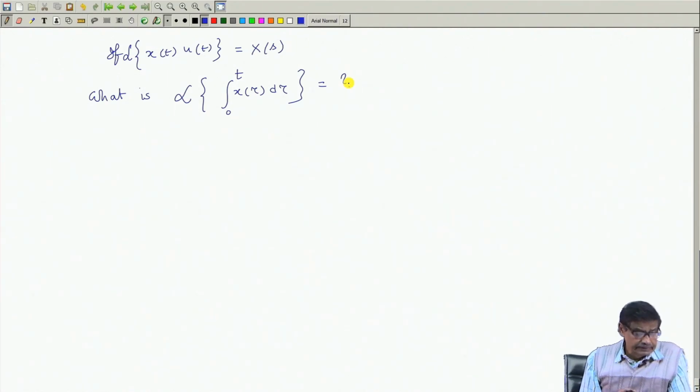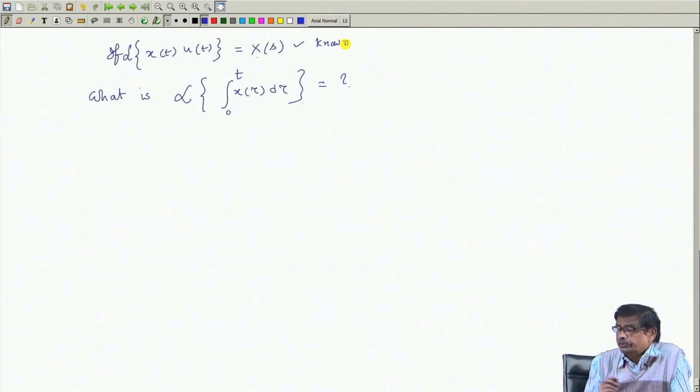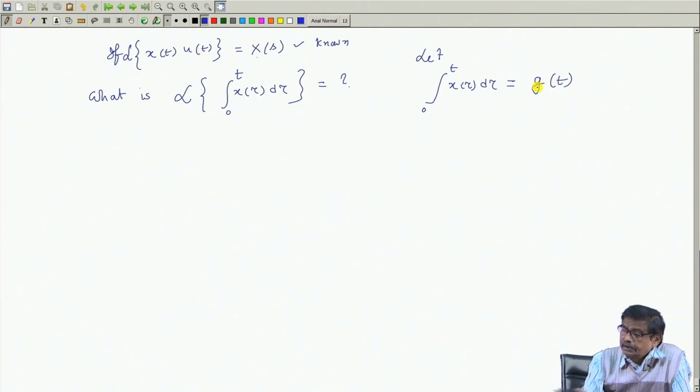The answer is to find this out, and this is known. First step, let this function, the integration from 0 to t of x(tau) d tau, whose Laplace transform is needed, obviously be a function of time t. Let this function be g(t).